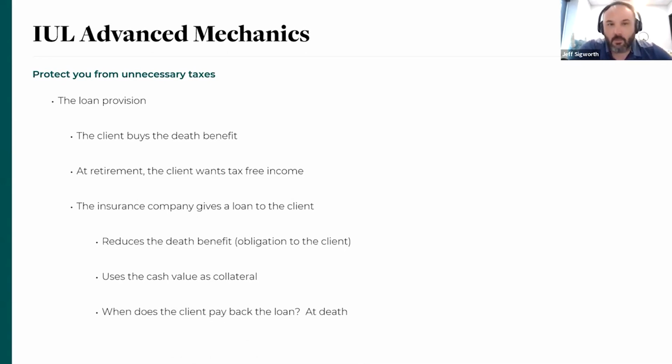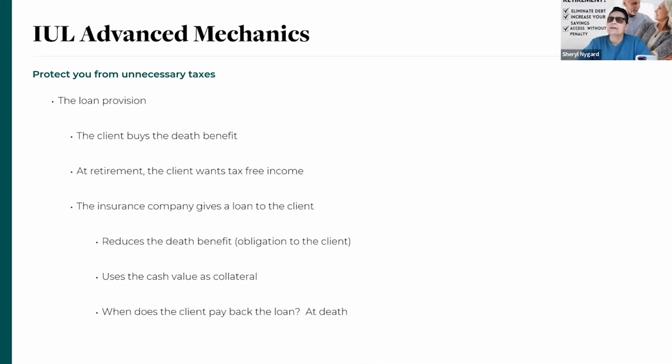Okay, and when does the client have to pay back the loan? Pay it back when they die. Okay. Jeff, can I stop you right there? Let's just say we've got a large death benefit, and you know that the person that's going to be the beneficiary of that does not need that money and you need it now.